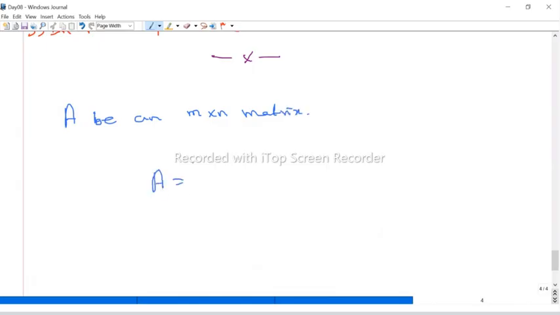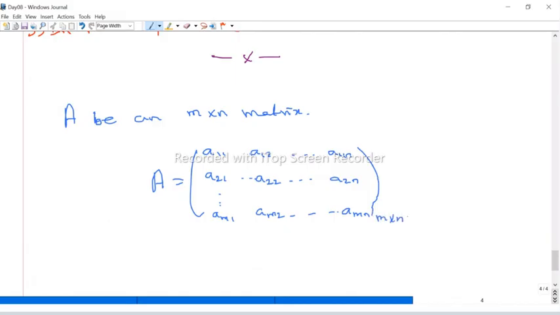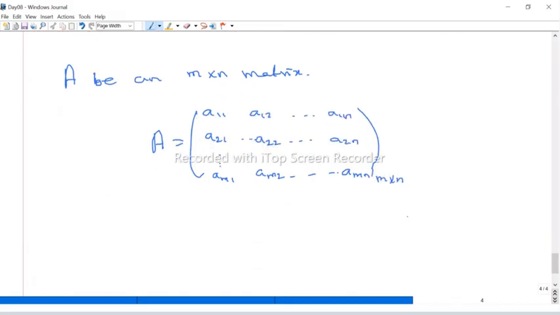Suppose A equals A11 as the first entry, A12, and so on up to A1n. That is n columns, m rows. Then A21, A22, up to A2n, and so on, down to Am1, Am2, up to Amn.